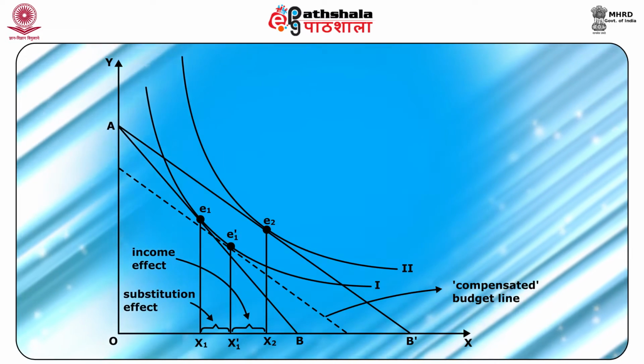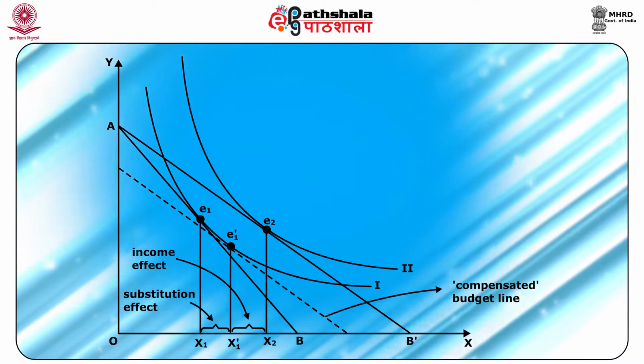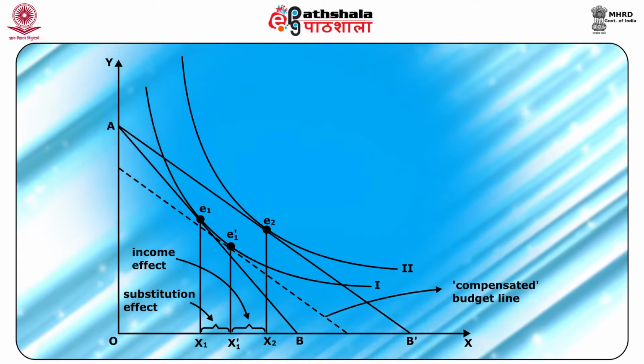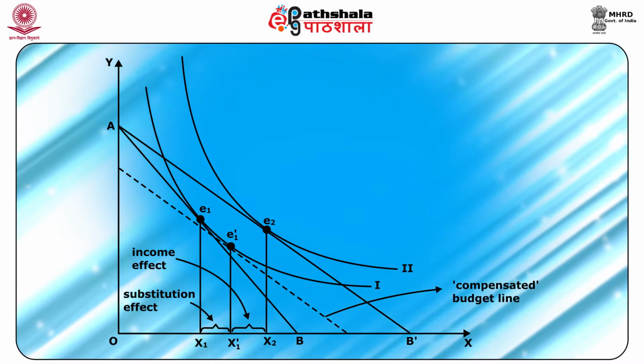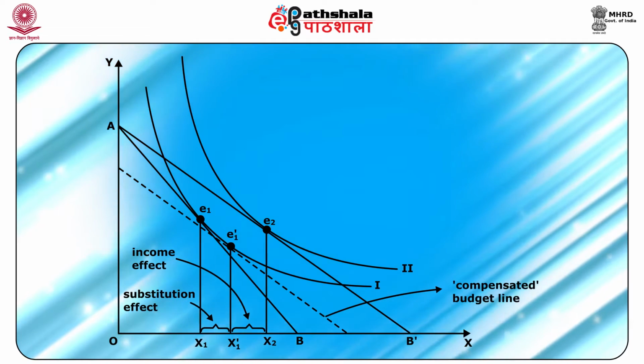And the second effect is the income effect because it represents the increase in consumption due to an increase in the real income while the price, which has already been adjusted for, remains the same.